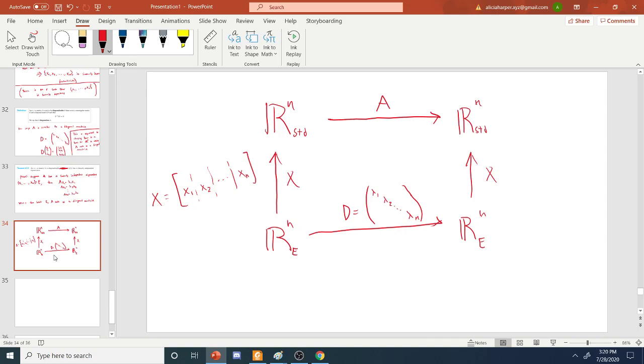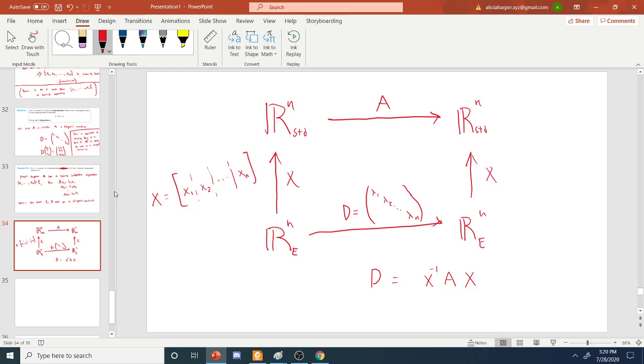So we have the following relation between D and A. D is the same thing as: first you go up by X and then over by A, and then you go down by X, that corresponds to X inverse.